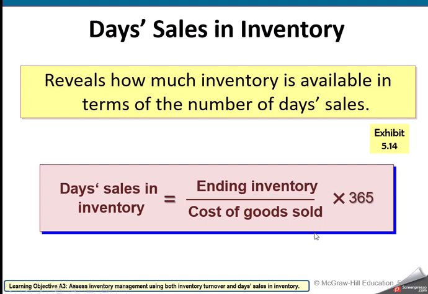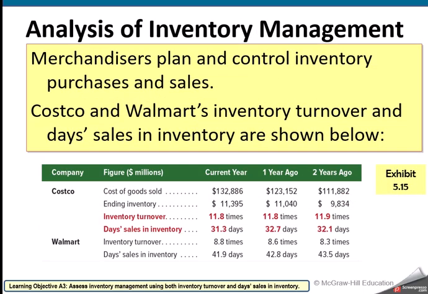This does too, but again, I feel like it's a little more complex of a formula. So again, you take 365 and divide it by your inventory turnover, and then you will get your days. And here you could double check me here. Like, so if our inventory turnover is 11.8, if I take 365 and I divide that by 11.8, that gives me 30.93 times.